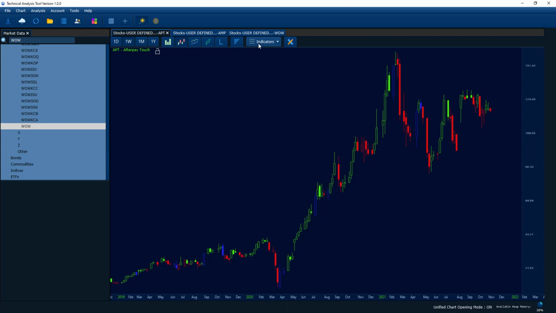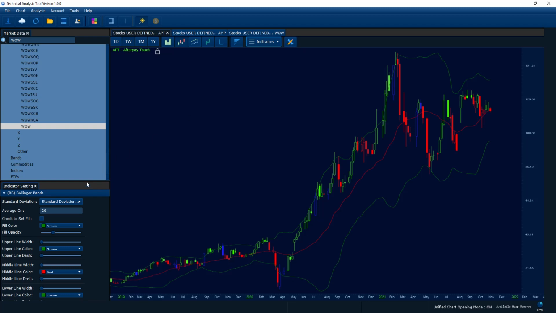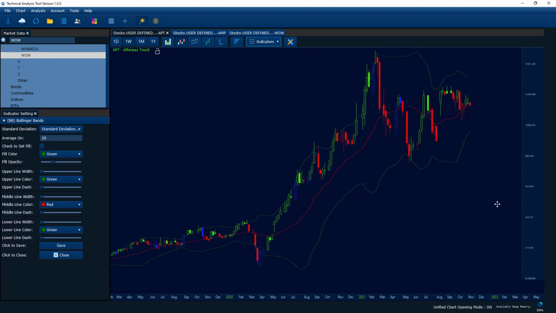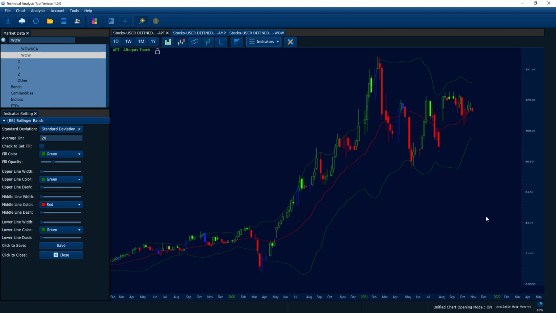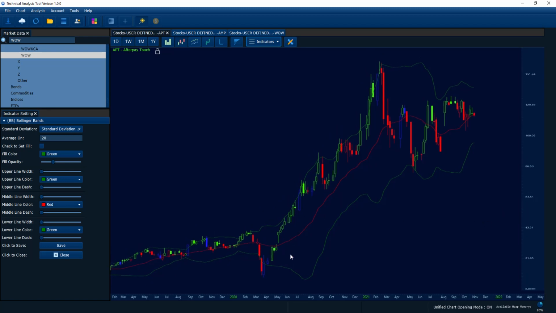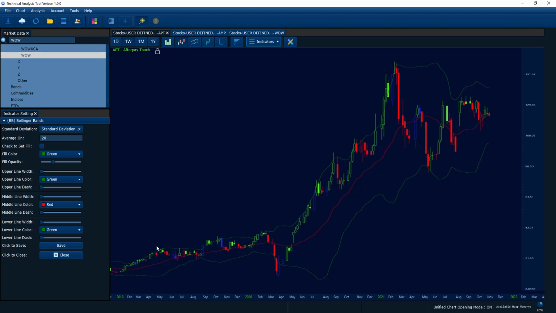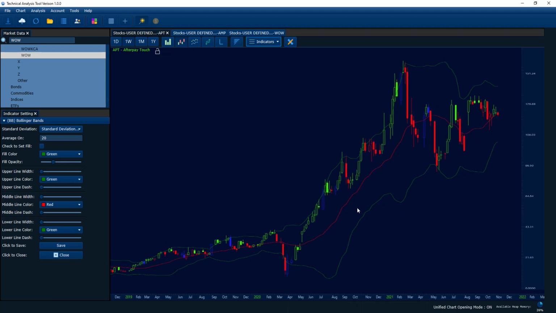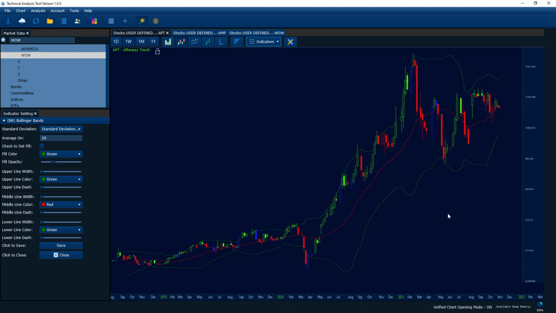Okay, let's quickly bring up the Bollinger Bands once again and explain the concept here. So basically, how we calculate it is: we have three lines here, upper band, middle line, and lower band, to form this entire indicator. First of all, we have a moving average, a 20-week moving average, in the middle. That is the average, the mean of this entire share price movement.